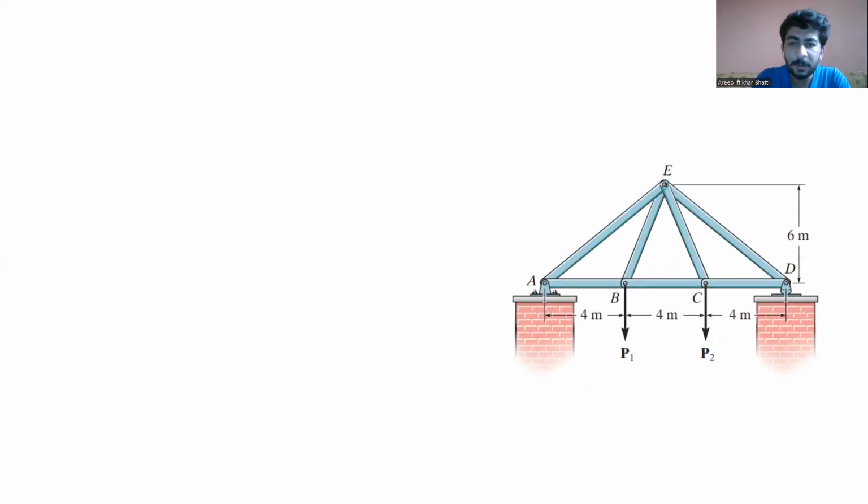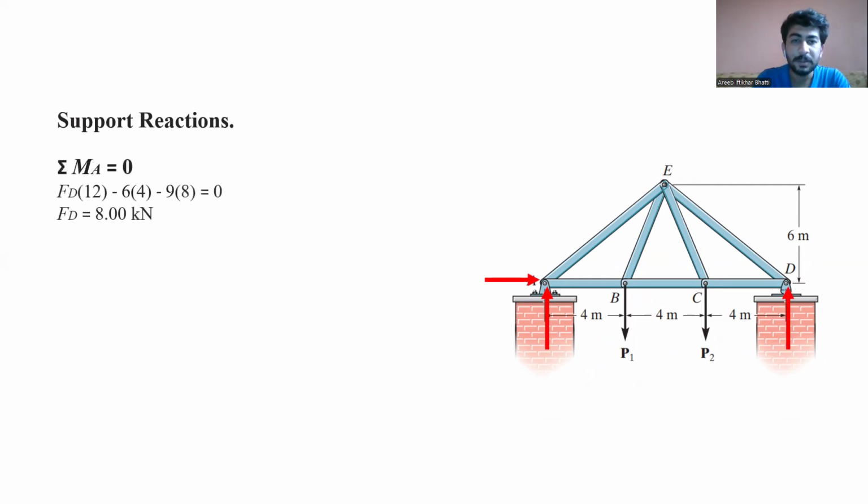First of all, we are going to find the reaction forces which are acting at points A and D. When we take moments at point A, we get force at point D, which has a perpendicular distance of about 12 meters, and we have negative force 6 kilonewton, which has a perpendicular distance of 4 meters, and negative 9 kilonewton force, which has a perpendicular distance of 8 meters.